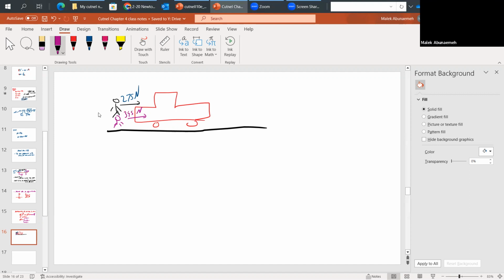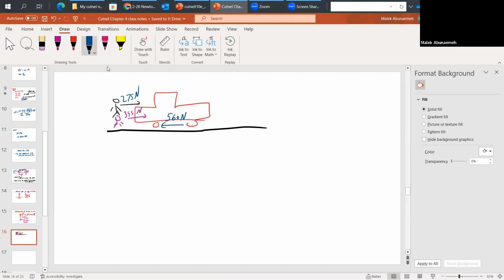395 newtons. Now, with the car going forward, you're going to have resistance because of friction. And let's say the car is going that way with your resistance at 560 newtons.